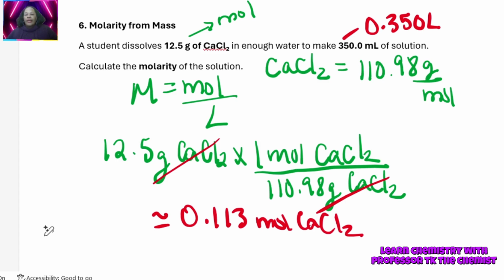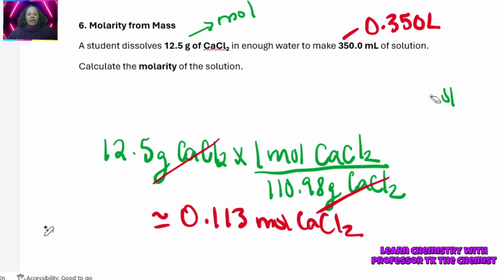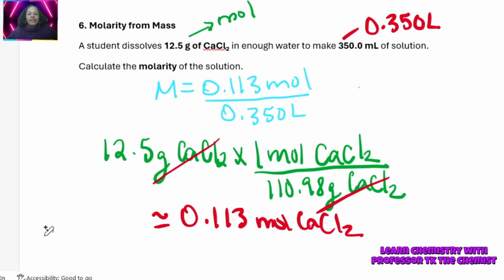Let me erase this spot so you all can see that, so we can have some space. I'm going to write it in a different color too. To get the molarity, it's going to be 0.113 moles divided by 0.350 liters.